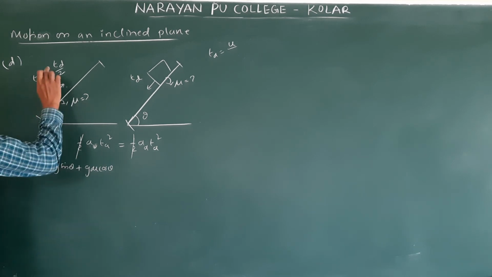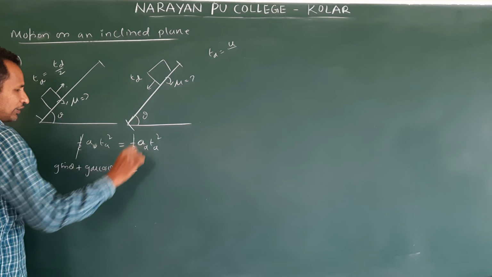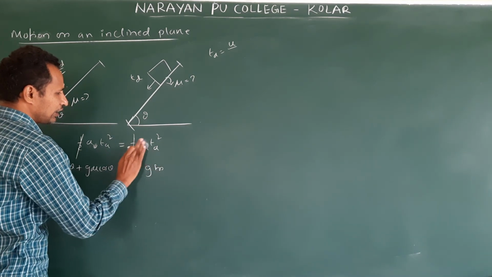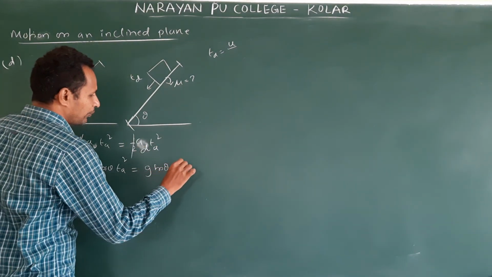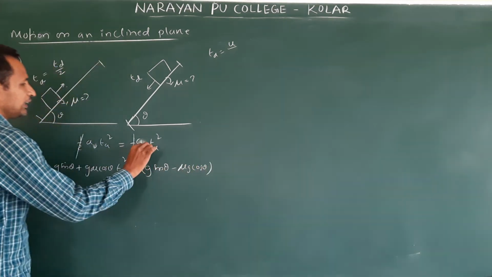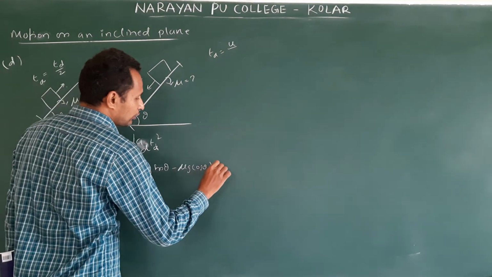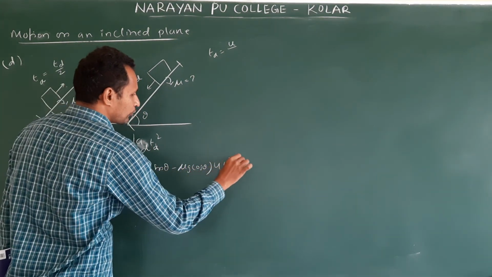Or we will take it as this TA square. Down the plane, what is that? g sin theta. This is A down the plane, so g sin theta minus mu g cos theta into TD. TD means 2 TA, so TD square is 4 TA square.